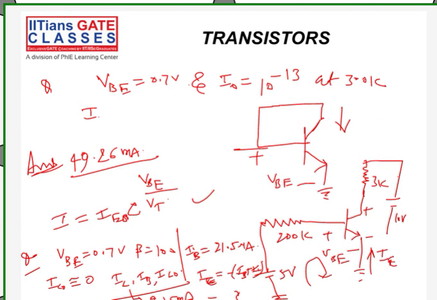That theory I need to complete, like early effect and all, and how alpha increases, and how emitter current increases. Those things we'll understand in the next class, and we'll come to the basic concepts of BJTs and its applications. I will try to finish most of the part of BJT, so that you will be comfortable with the things for the exam.